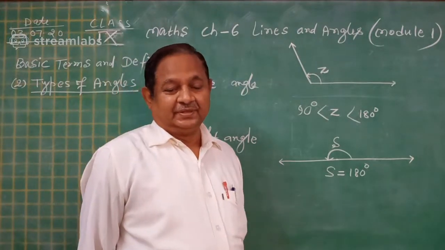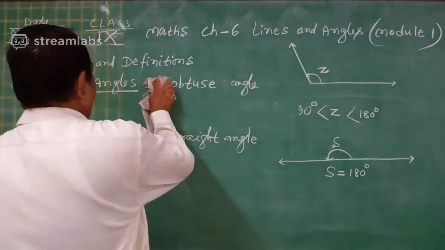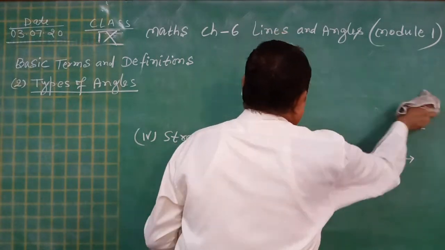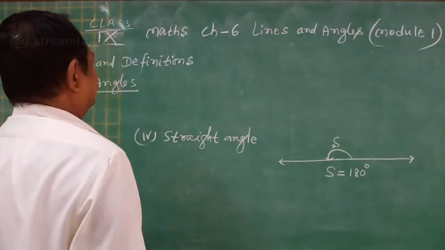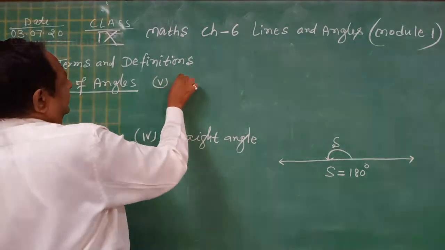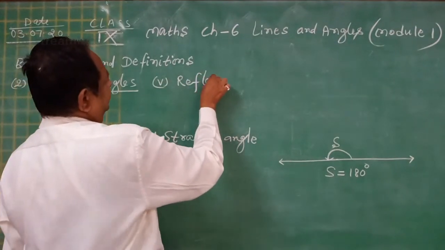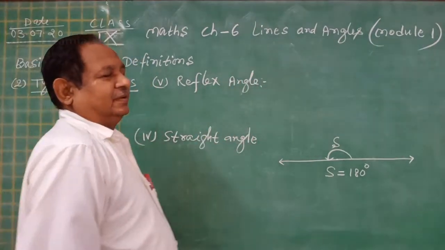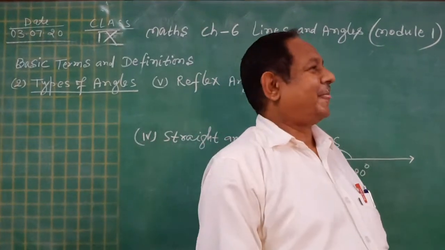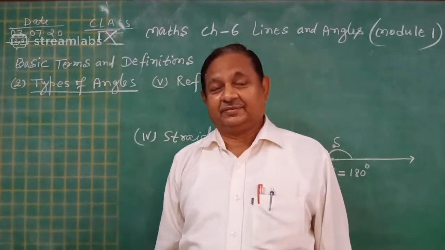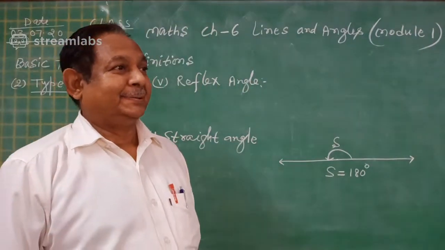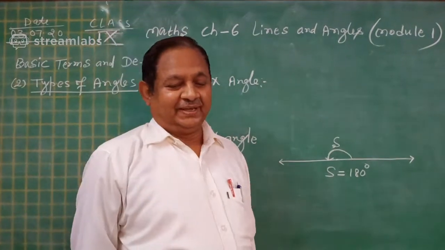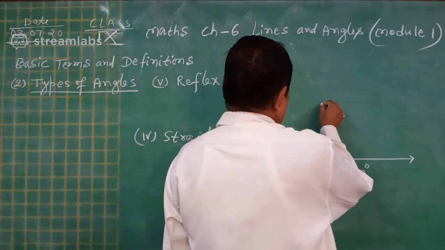Now fifth, reflex angle. When an angle is greater than 180 degree but less than 360 degree, it is called a reflex angle. Say this angle.